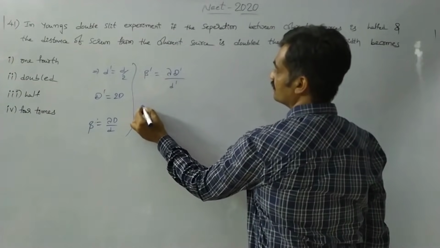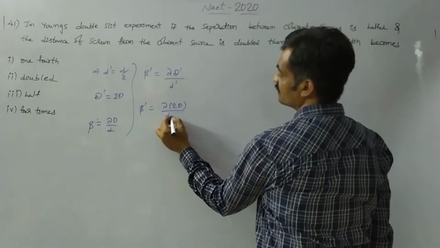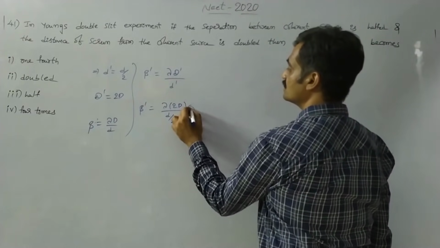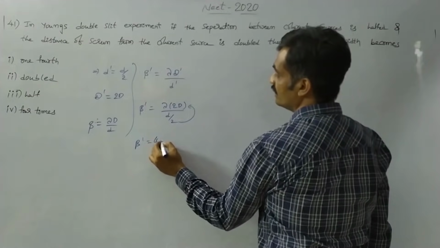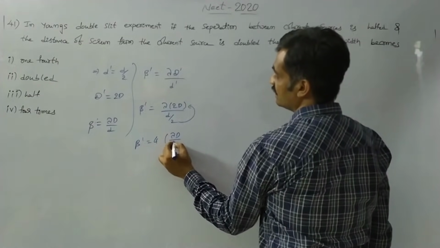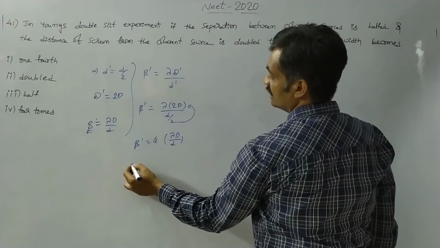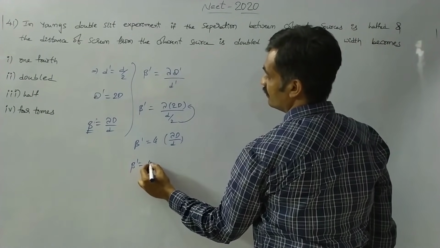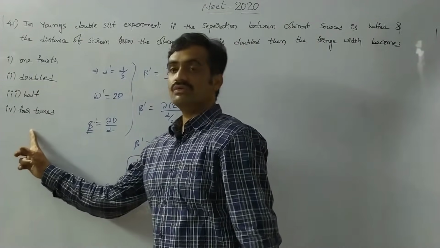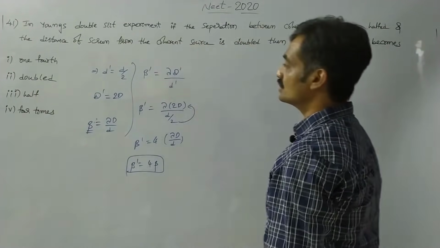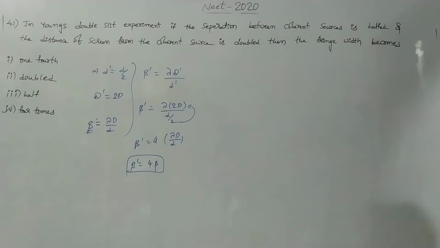So if I substitute here, we have β dash = λ × 2D/(d/2). So if this 2 comes upwards we have β dash = 2 × 2 = 4 × λD/d, where λD/d is equal to β. So we can represent it as 4β. Based on that the fringe width becomes 4 times the initial fringe width. So option is 4. Take a screenshot, we will continue.